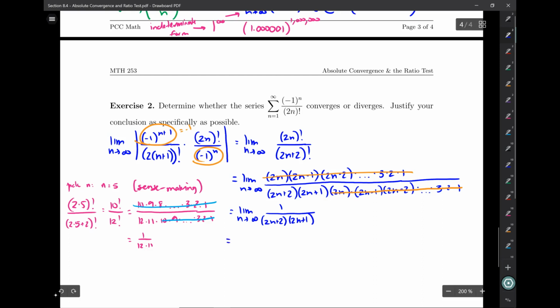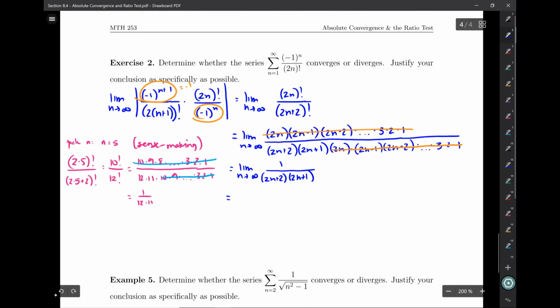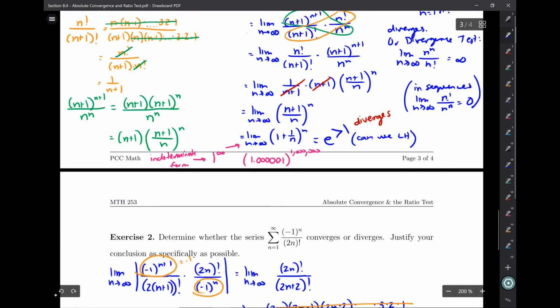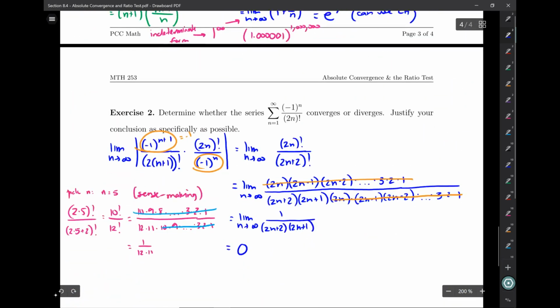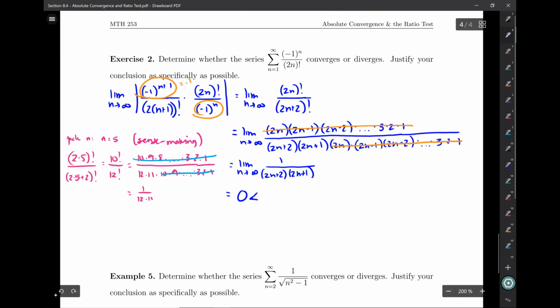Now this limit is pretty easy to evaluate because the numerator is just 1. The denominator has n's, it's going to increase as n increases, and so the overall fraction is going to approach 0. Looking back up at the ratio test, as long as the L value is less than 1, then we have convergence, and last time I checked, 0 is less than 1, so that means that this particular series converges.